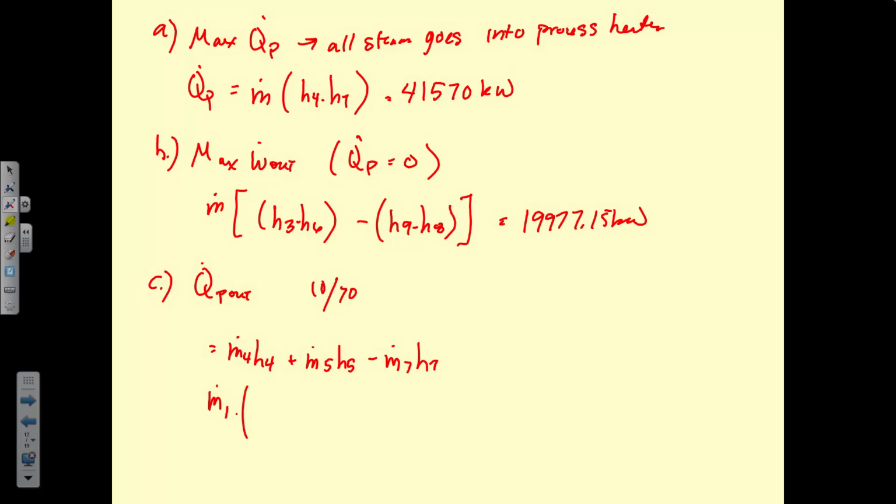And this is M dot 1 times 0.1 H4 because 10% of the mass is flowing through state 4, plus 0.7 times H5 because 70% is flowing through H5, minus 0.8 times H7 because 80% is flowing through state 7.